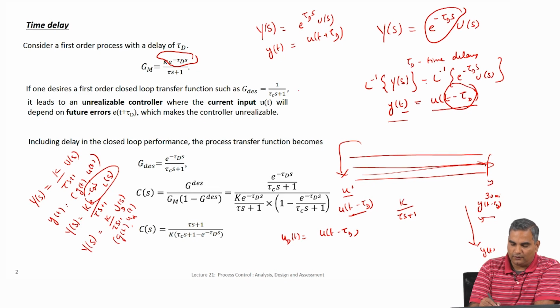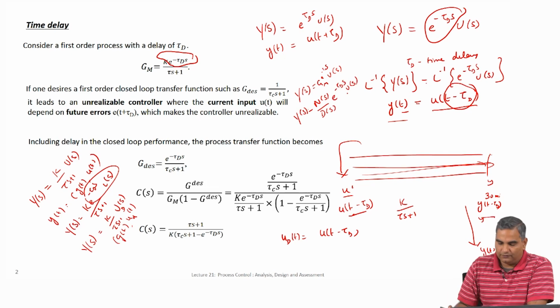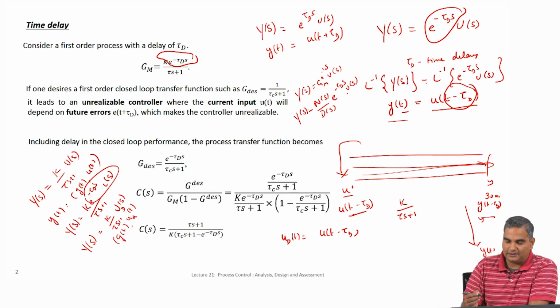If I have Y(s) as some G model times U(s), with a first order part and then e^(-τd s) in the numerator, then whatever functional form we had used, the partial fraction expansion and so on, can be directly used here, because I can put this portion in partial fraction form and then do the inversion.